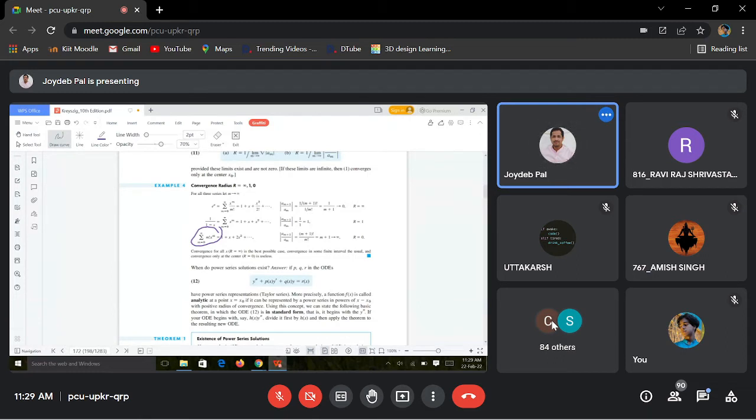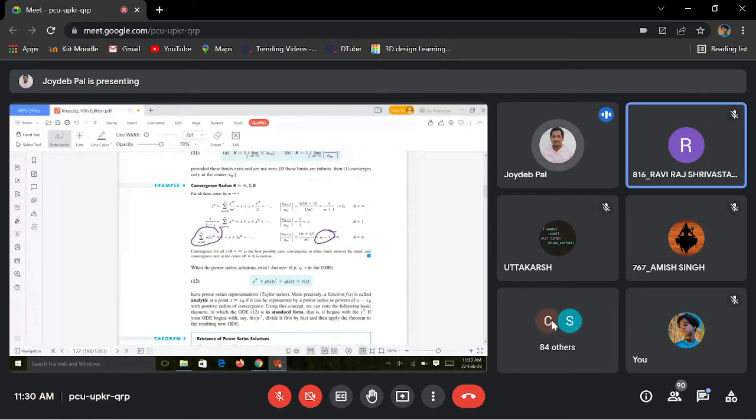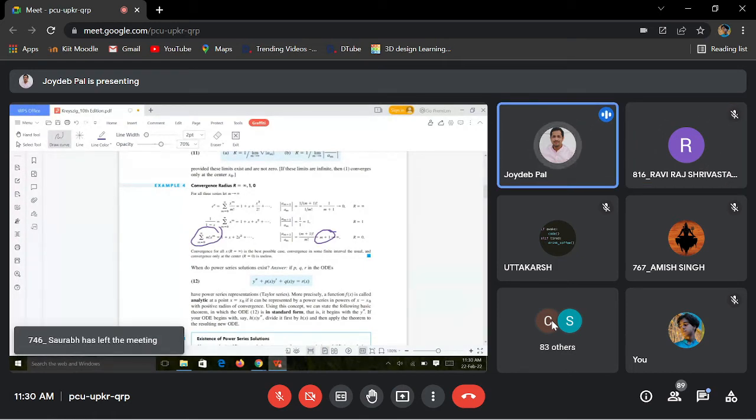Tell me, what is the radius of convergence? a_m is m factorial, and a_(m+1) is (m+1) factorial. Then a_(m+1) by a_m is m plus 1. Now the limit as m tends to infinity of m plus 1 is infinite, and it is the denominator part of the formula, so 1 by infinity is 0. Are you getting it, or do I need to write it fairly?